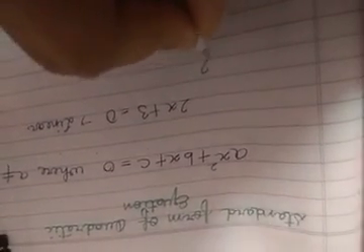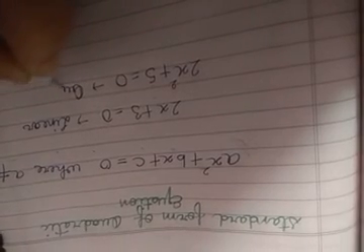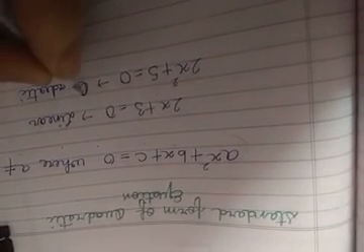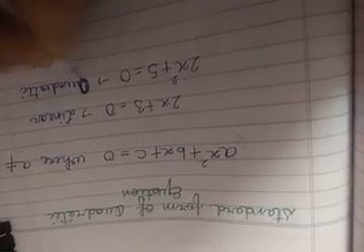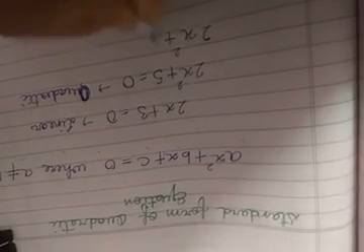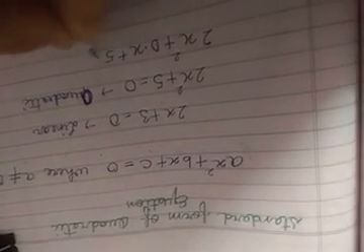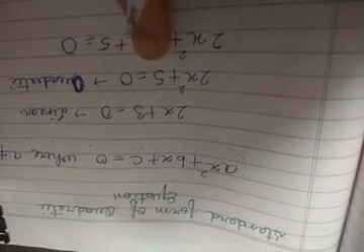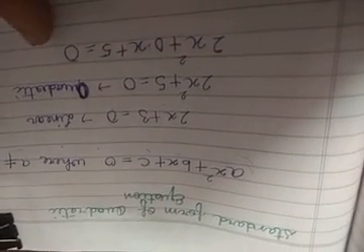If I am writing 2x square plus 5 is equal to 0, then it is quadratic. Why? Because it can be written as 2x square plus 0 into x plus 5 is equal to 0. What is the coefficient of x here? 0. There is no term of x, so we can write 0 into x, because 0 into x is 0. Then we are left again with 2x square plus 5 is equal to 0. So that means this is quadratic.